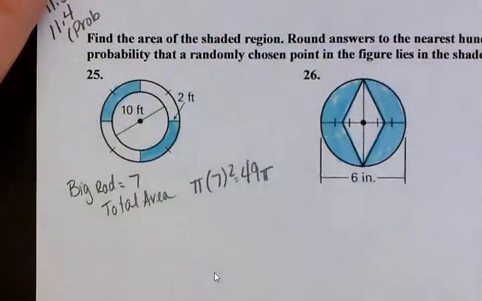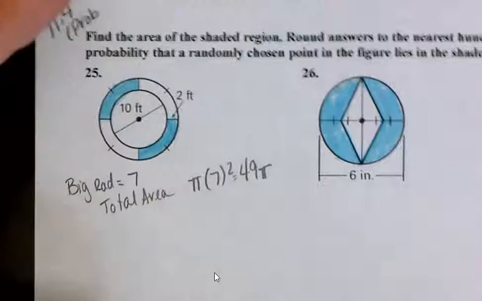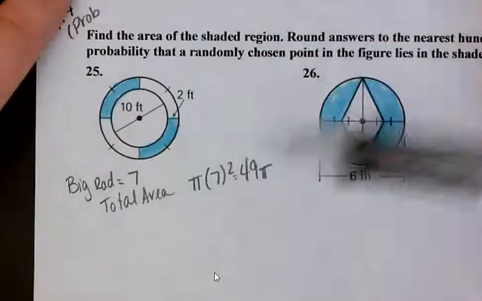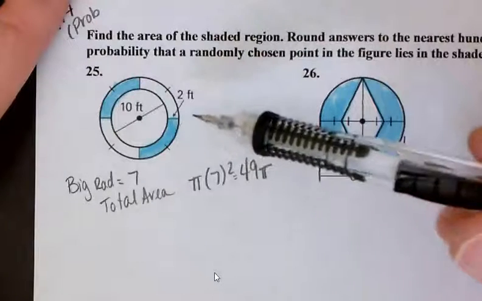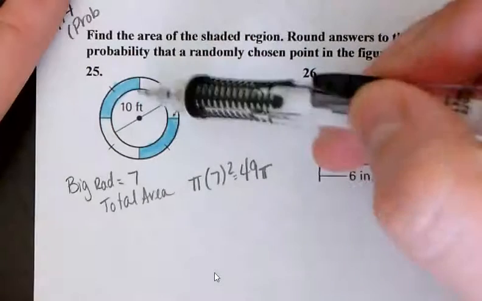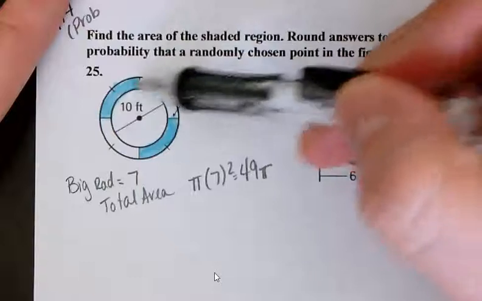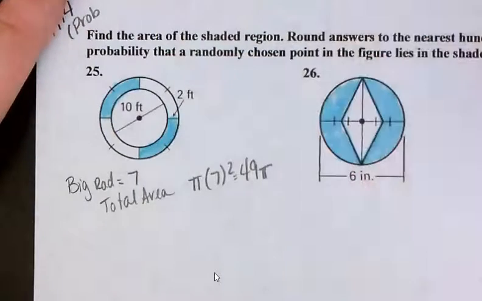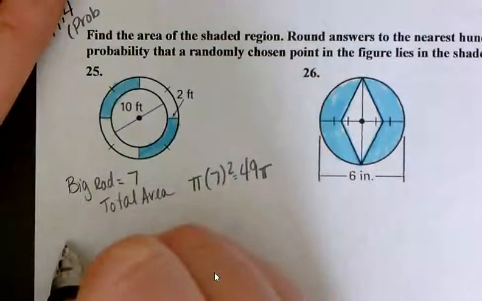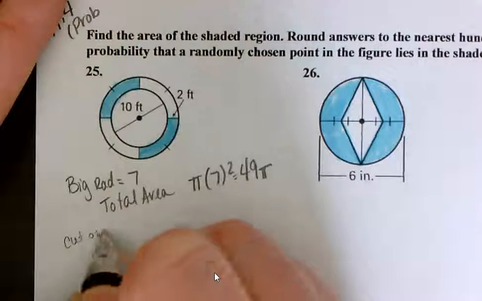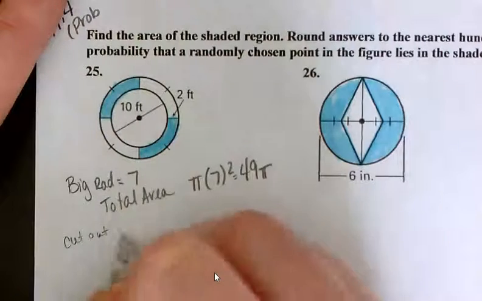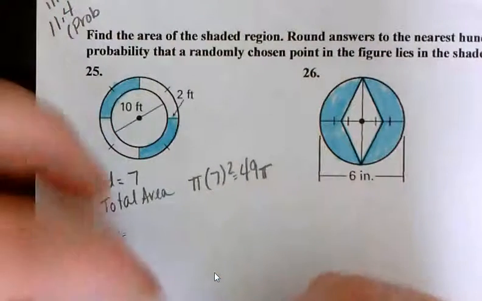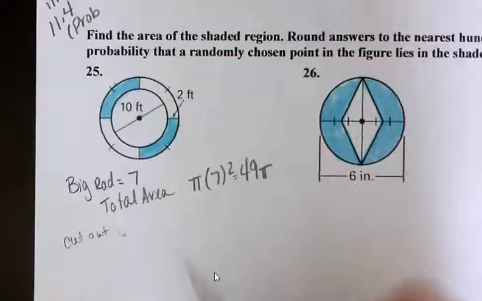And I'll do the labels at the very end. I don't care about them at this exact moment. So that's the total area. When I subtract this inner circle, that will give me the ring on the outside. Let me get my pencil lead here.